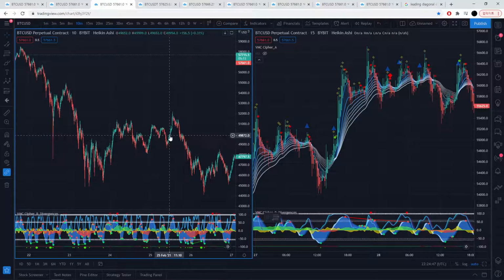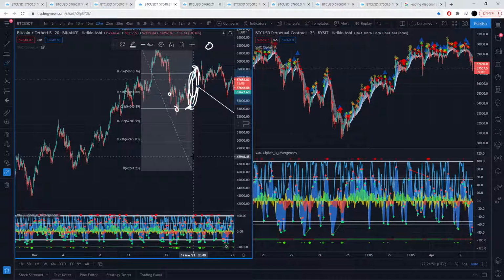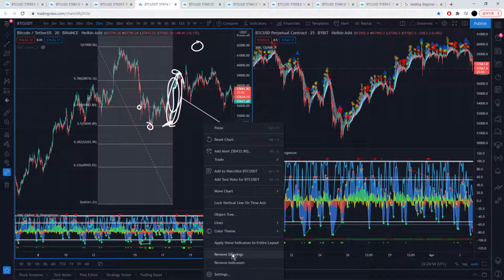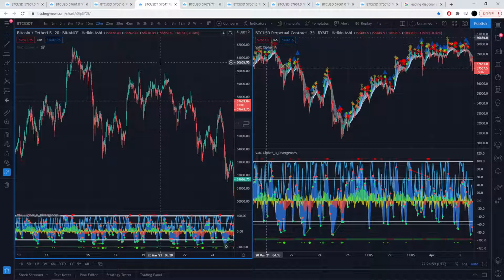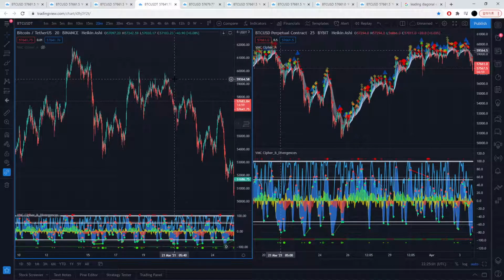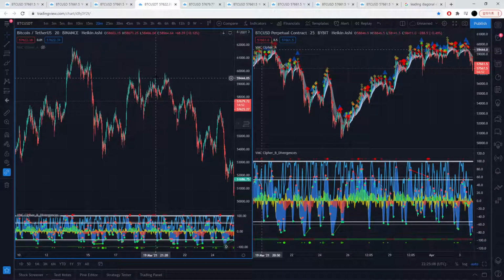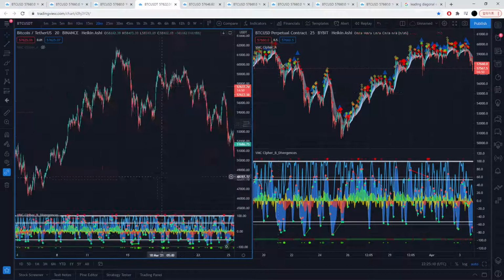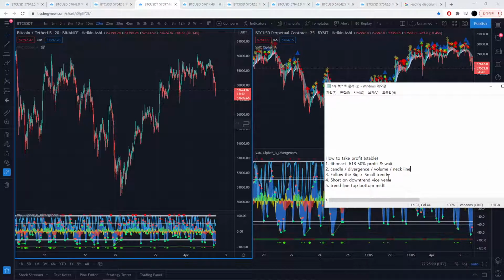For example, if there's a double, I cannot see one right now, but if you go here, let's see, there's a double here, and there was a resistance here, and they went back up, but again there was a resistance here, and so on. So you would start looking for the neckline and support and resistance.